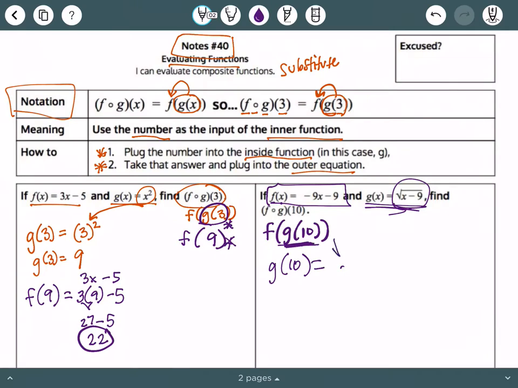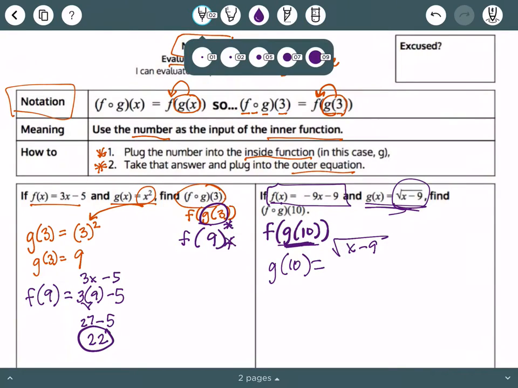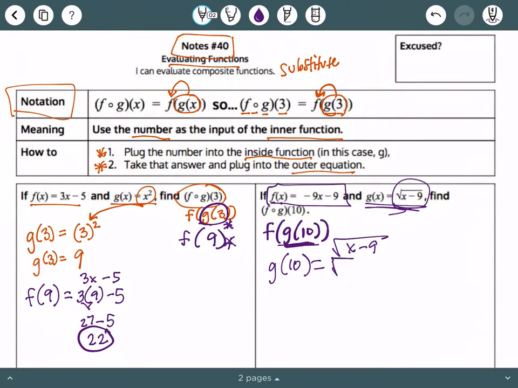It is the square root of x minus 9. So I'm going to have everywhere that I see the x, I'm going to plug in the number 10 and then copy down the rest. So that means that I have the square root of 10 minus 9 is 1. Square root of 1 is 1. So g of 10 is 1. So for this whole section right here, that number equals 1.